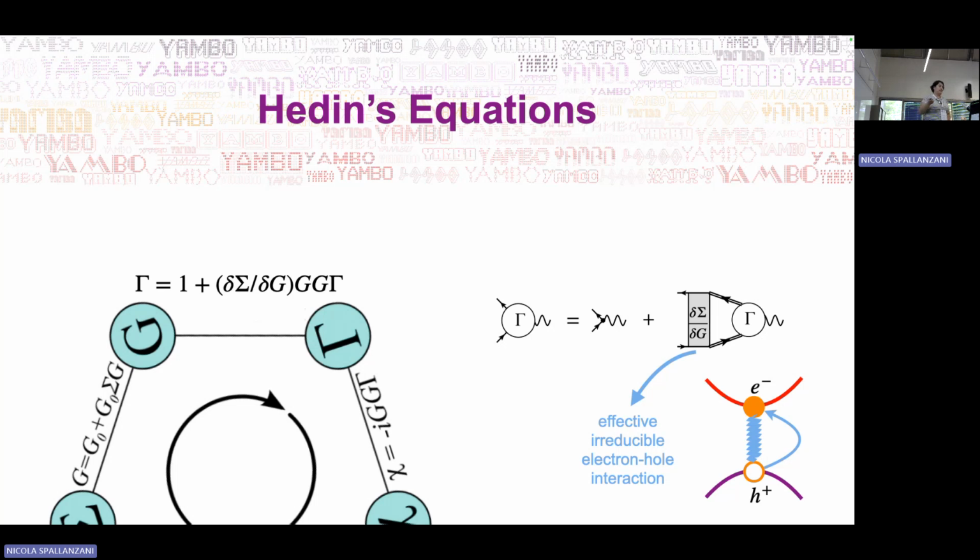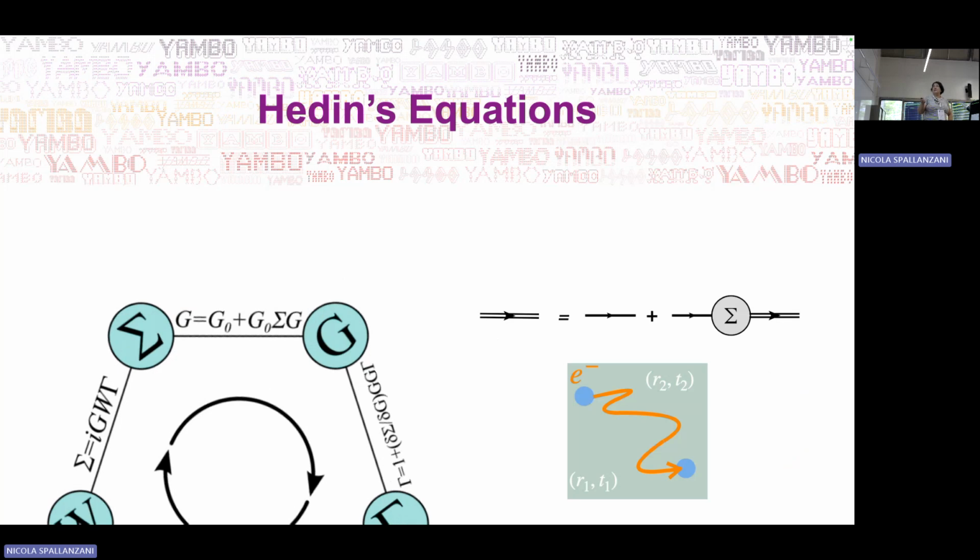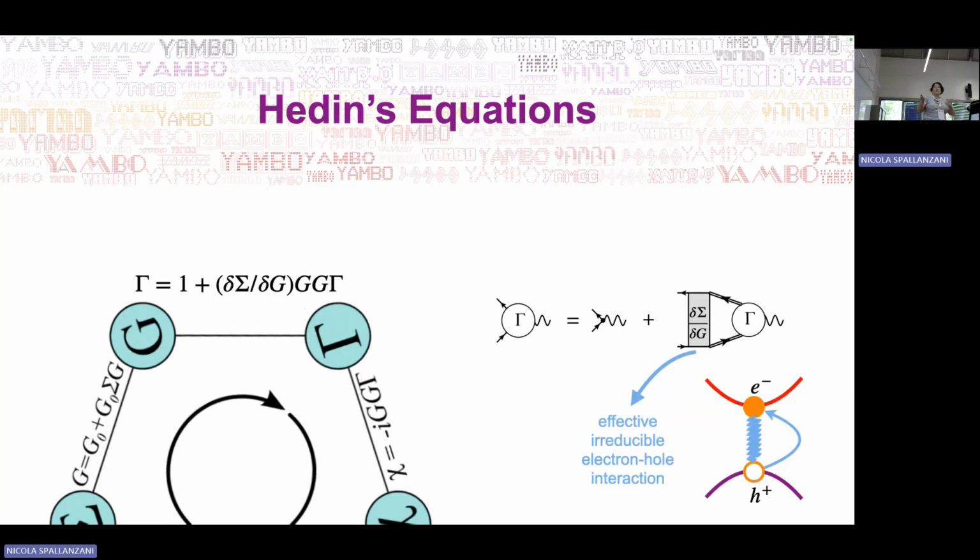But the first motivation is that it's complicated. You have to compute how the self-energy varies with the Green's function. That's the first. I don't know if you want to add something. No, I mean, this is the GW approximation.